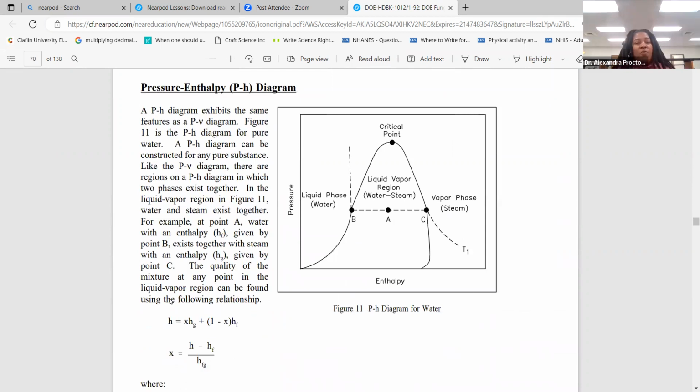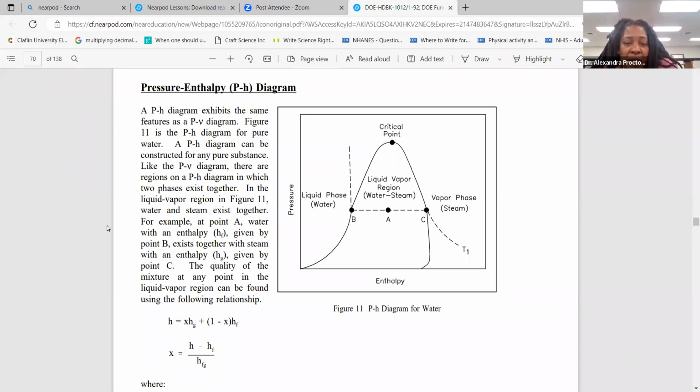So the pressure enthalpy diagram, a PH diagram, exhibits the same features as the PV diagram, right? So in figure 11, the PH diagram for pure water, a PH diagram can be constructed for any pure substance, just like we said for the last two diagrams, okay? And like on the PV diagram, there are regions on the PH diagram in which two phases exist together.